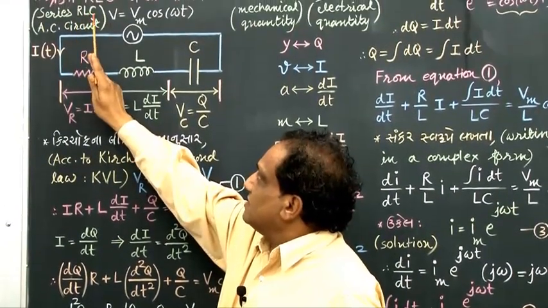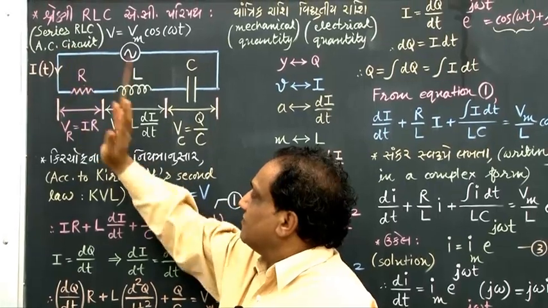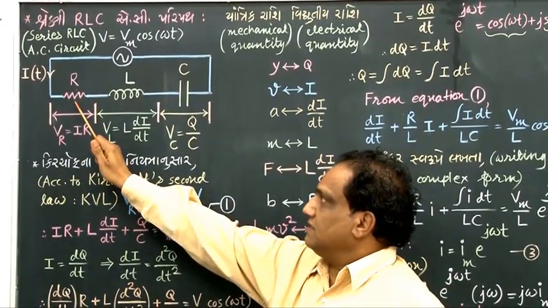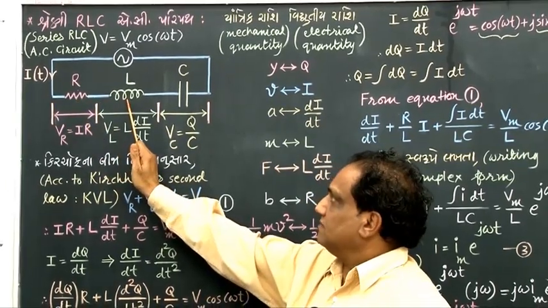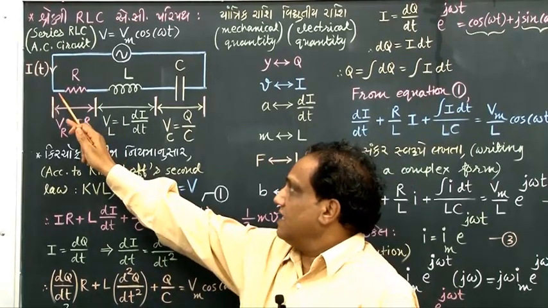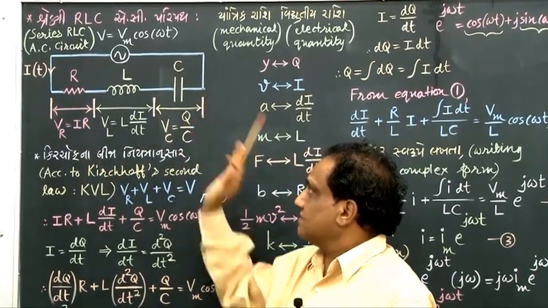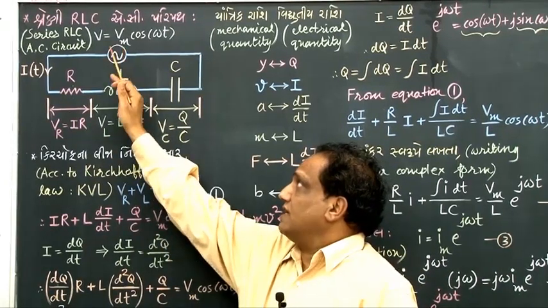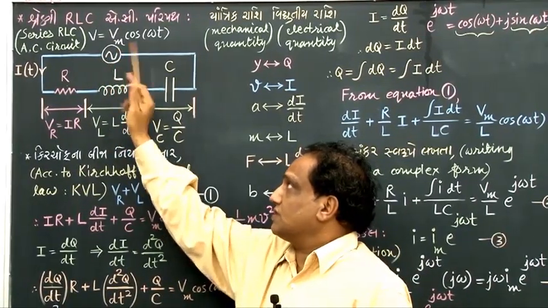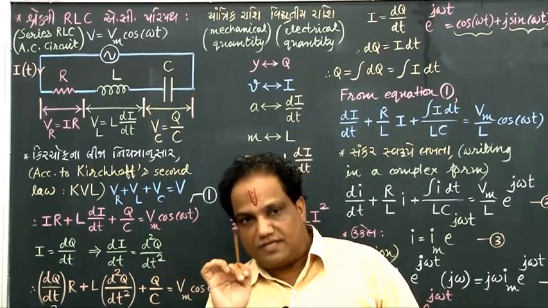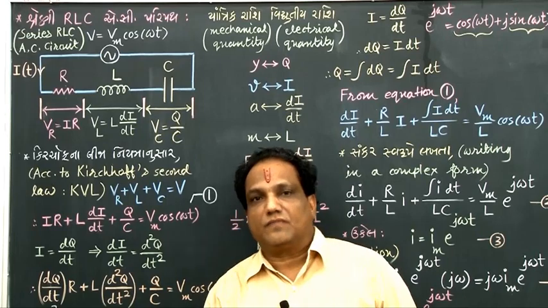Series RLC AC circuit. Fine. If one resistor, one inductor and one capacitor are connected in series, and then after it is connected across an AC source, then such a circuit is called series RLC AC circuit.